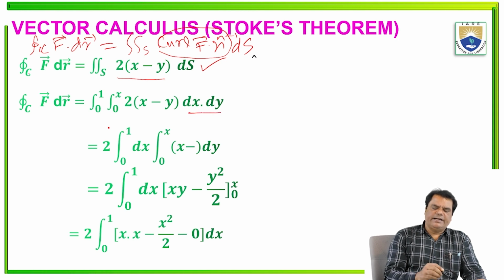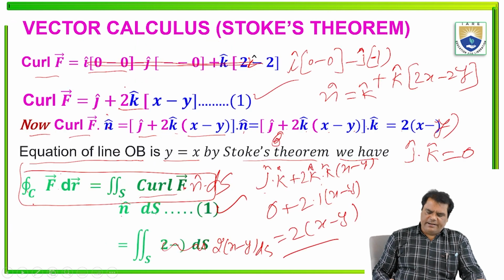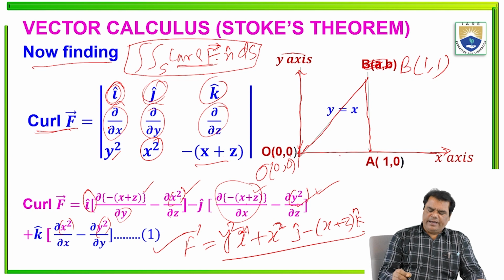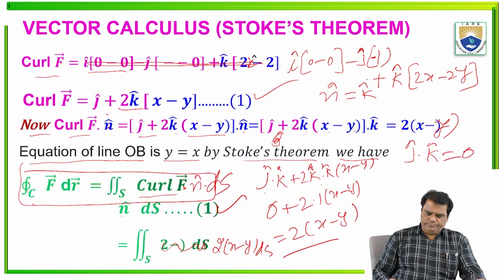Now dS is dx into dy, and in the double integration, in our diagram, please check that x goes from 0 to 1 and y goes from 0 to 1.